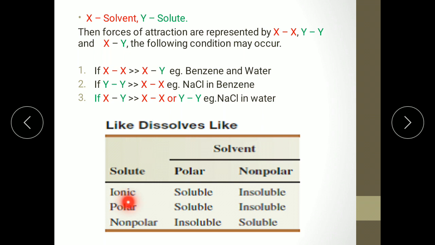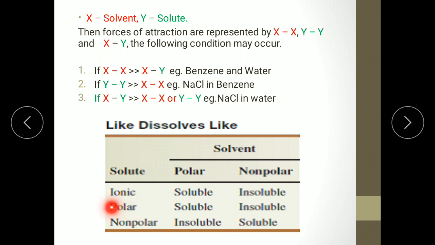Suppose the solute is ionic; here in this column the solute is given and here the solvent. If the solute is ionic and the solvent is polar, the solute will get soluble. If the solute is ionic and the solvent is non-polar, it will remain insoluble.